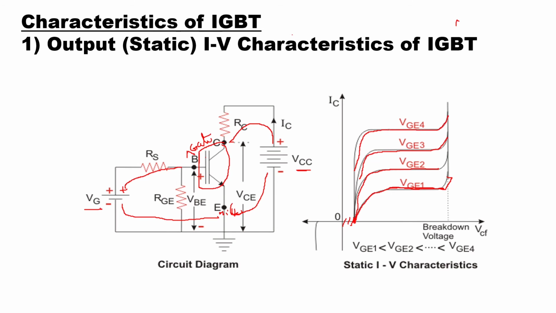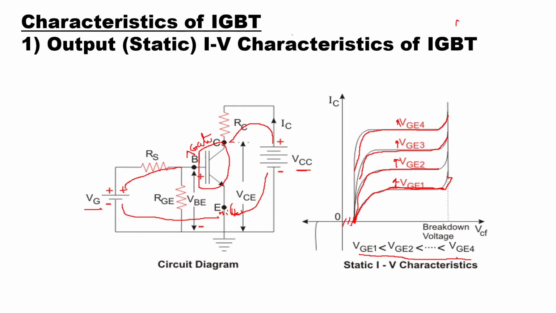So this collector current magnitude will increase as you increase the gate voltage. Here VGE1, the first gate voltage, is less than the second gate voltage, then the third, and the fourth. This is your drain characteristics of IGBT.